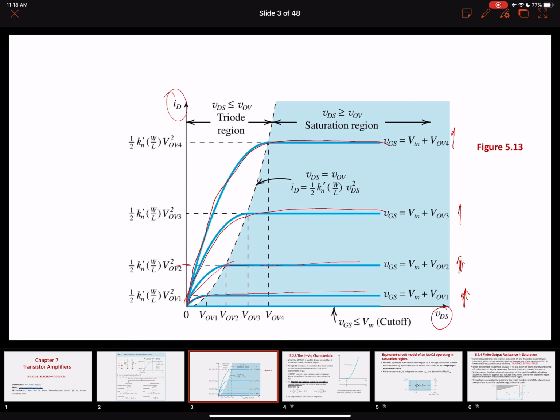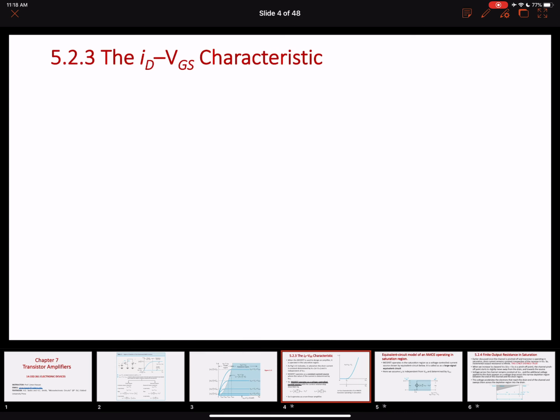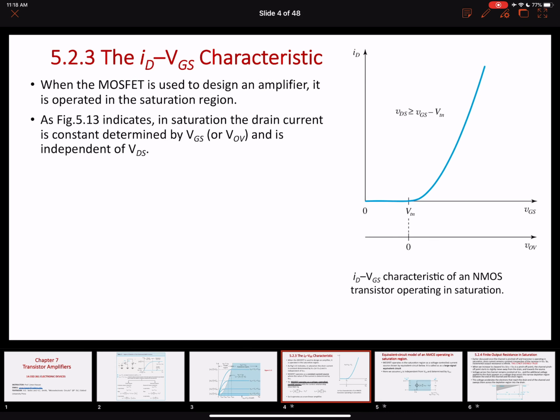Okay. Now, interestingly, you will also see over here that this also shows IV characteristics with respect to the overdrive voltage or gate to source voltage. So then we saw characteristics for the drain current versus gate to source voltage. Now, when the gate to source voltage is less than the threshold voltage, there is no induction of the channel, so current is 0.